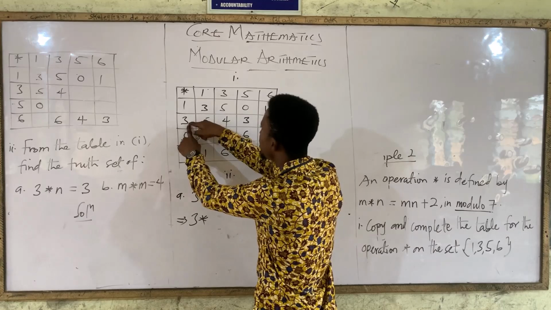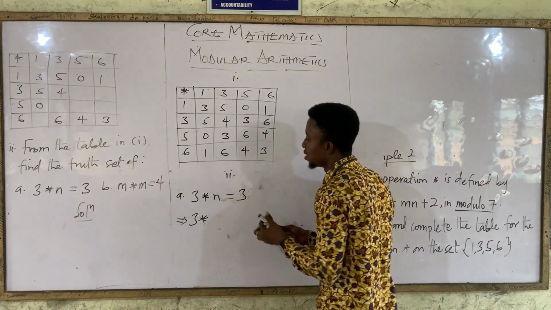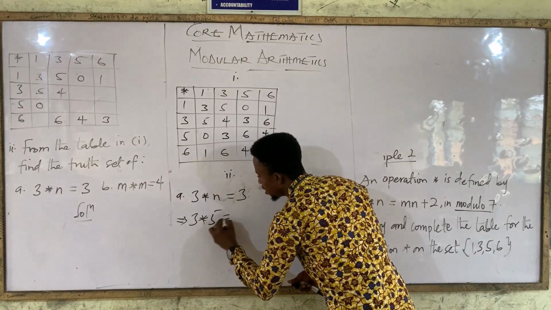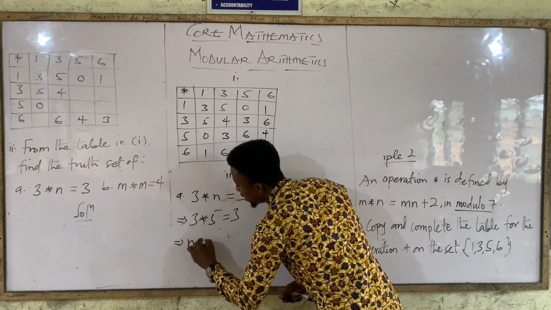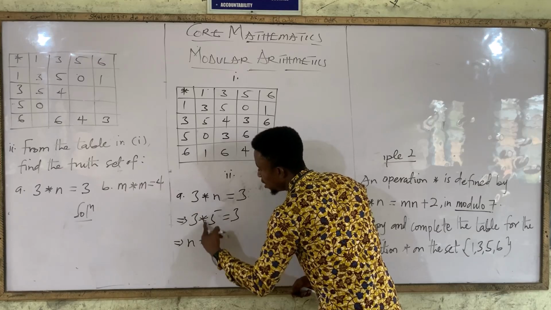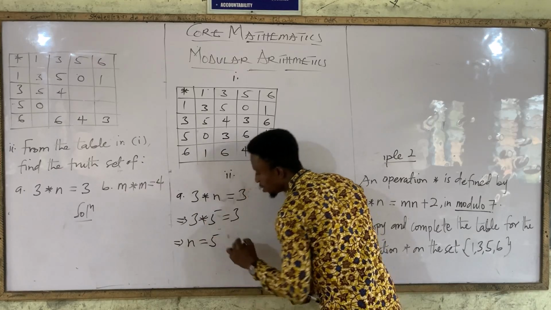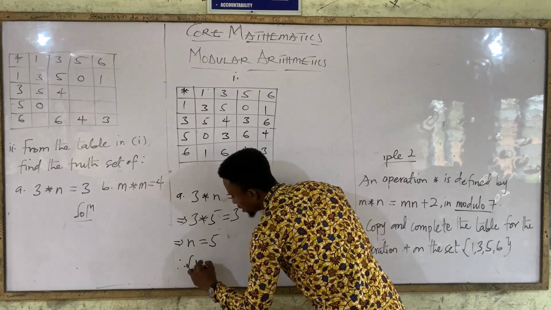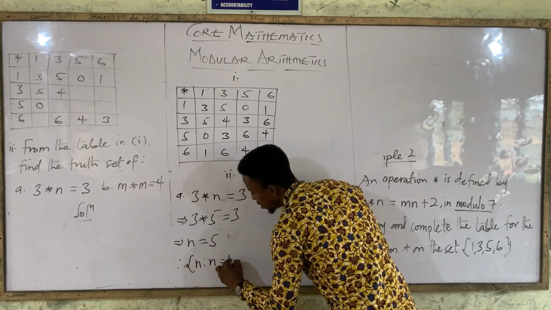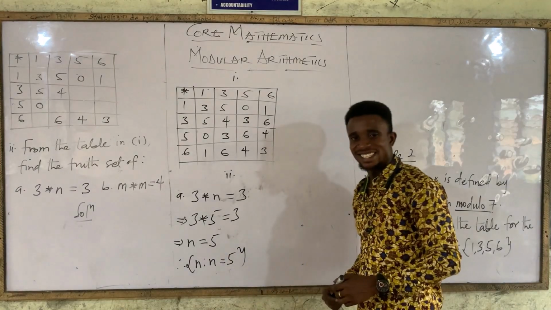So it's only 3 star 5 that is equal to 3. So this implies that my n is equal to 5. Therefore, the true set is n such that n is equal to 5. Isn't it easy?